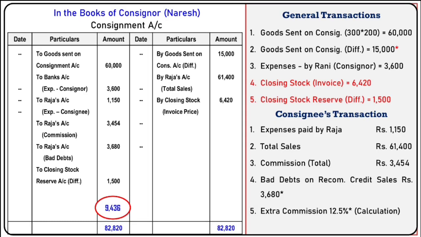કેવી રીતે? આ જે આપણું ટોટલ છે એમાંથી આપણે એક્સ્ટ્રા કમિશન સિવાયનું બધું બાદ કરીશું. So we have balance of 9,436. આ બેલેન્સમાં પ્રોફિટ પણ છે અને એક્સ્ટ્રા કમિશન પણ ચૂકવવાનું છે.